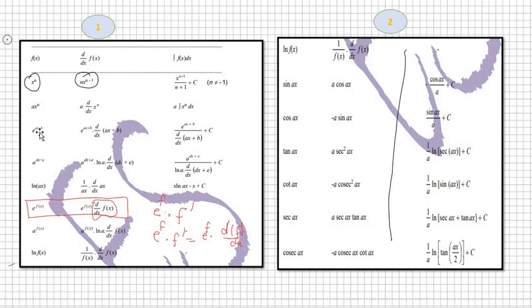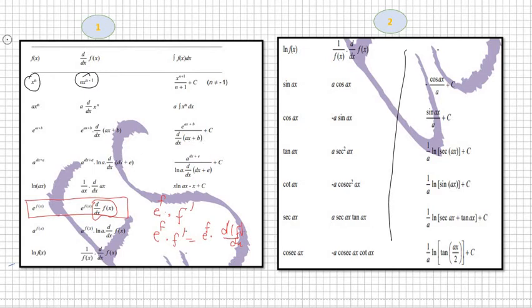So if you have the function e to the power of ax plus b, when you derive the function, this is what you get, and when you integrate the function, you just need to repeat the initial function, and then you divide by the derivative of the exponent. So in this case, the exponent is ax plus b.